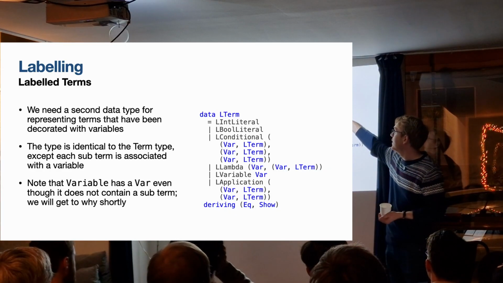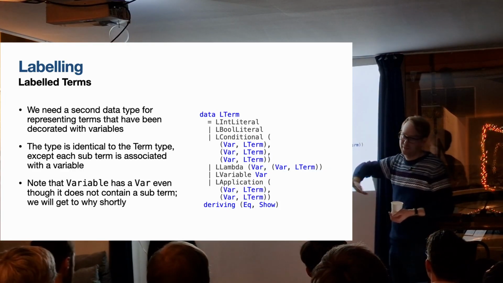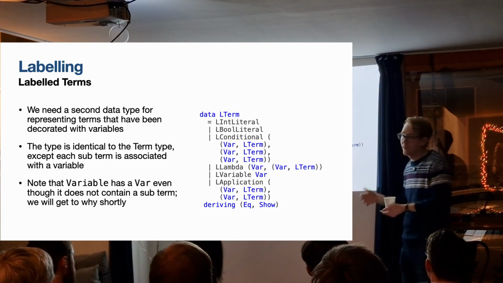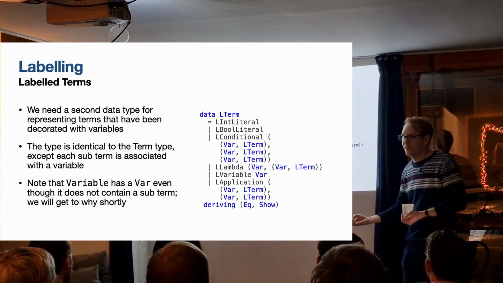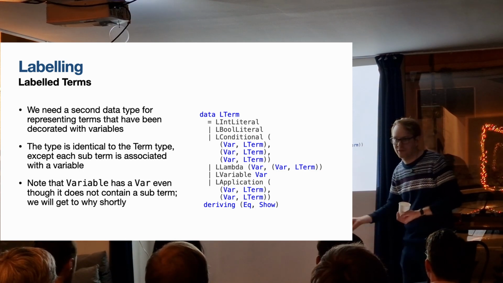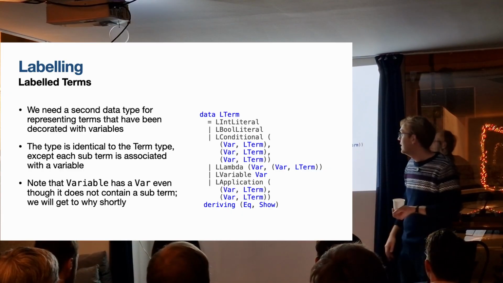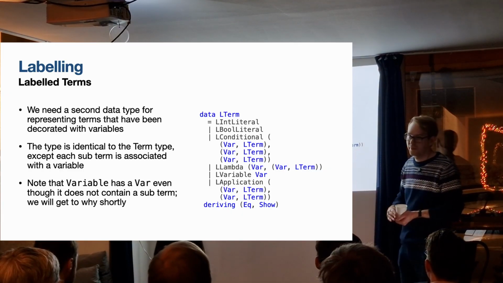And the int literals and the bool literals are the same. I decided not to mess with those, because you can think of them as the leaf nodes in the type checking, because an integer literal can only ever be an integer literal. So we don't really need to type check it, or it's trivial, so it will never need to be assigned a type variable. So I skipped that.